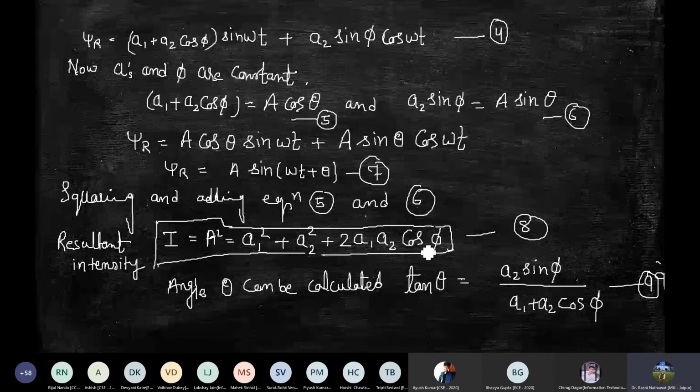Such a phenomenon is called interference, and in interference we will understand constructive interference and destructive interference. Constructive interference means the intensity is maximum, when the maxima of the two waves are intersecting.